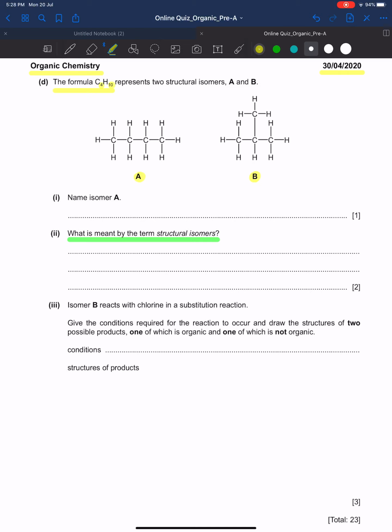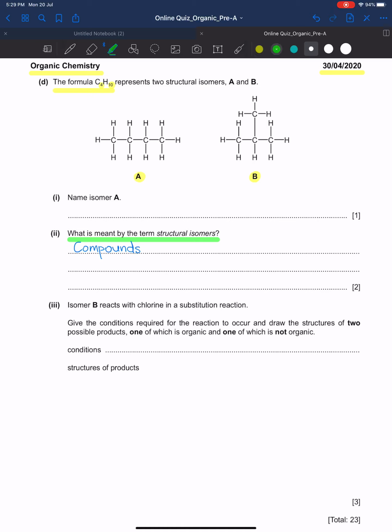If we just think for a second, we can see that A and B are compounds. Am I right? So let's just start writing the definition. Both A and B are definitely compounds, and just from the question, we can conclude that both of them have the same molecular formula as they both contain 4 carbon and 10 hydrogens.